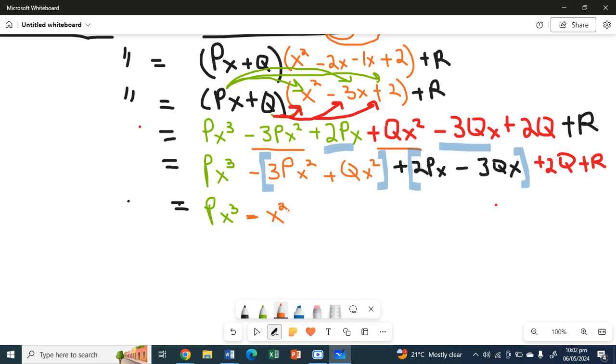Then you're going to say 3px squared divided by the common factor, which is x squared, you get 3p. Plus qx squared divided by x squared, you're going to get q.